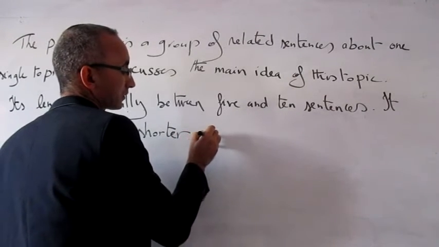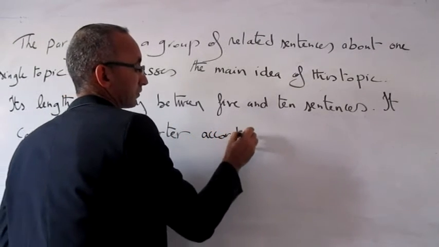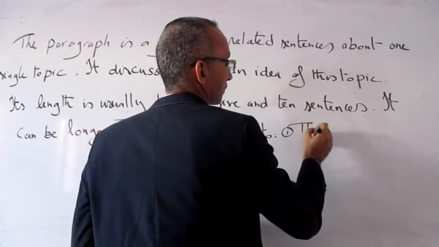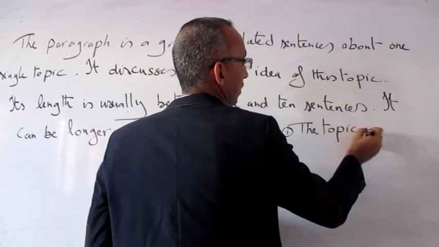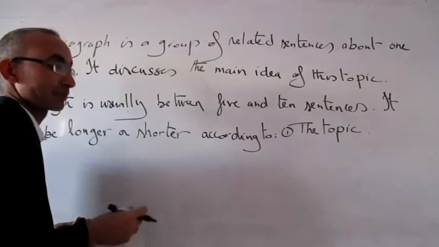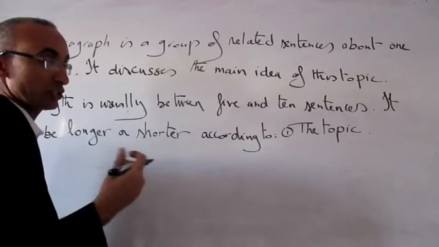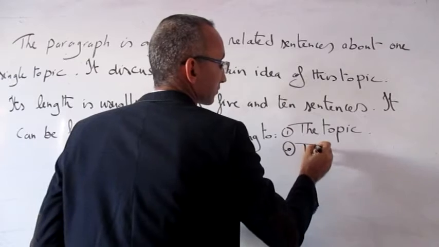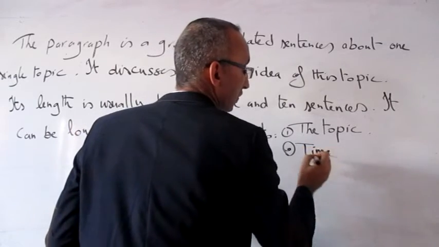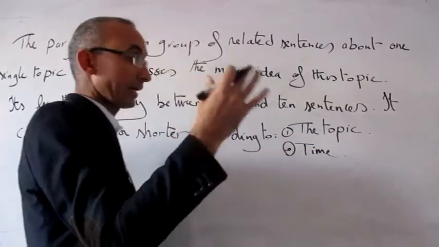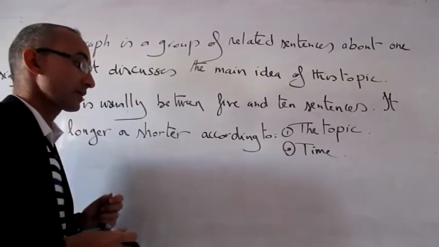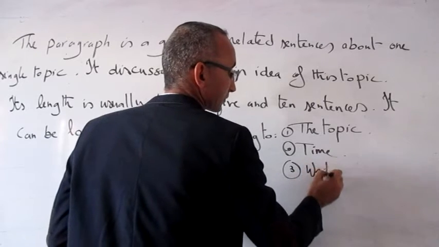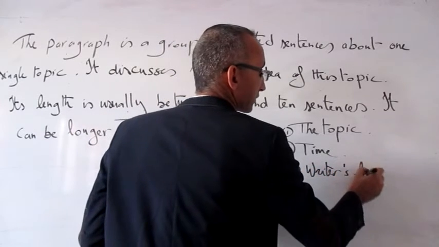According to number 1, the nature of the topic. Some topics are juicy, rich in ideas, others are a bit dry. Also, time. One must take into account the time given to him to develop a paragraph, and also the student's level or the writer's level.